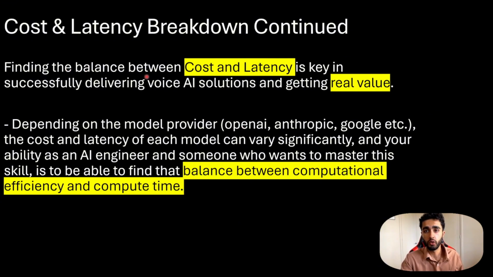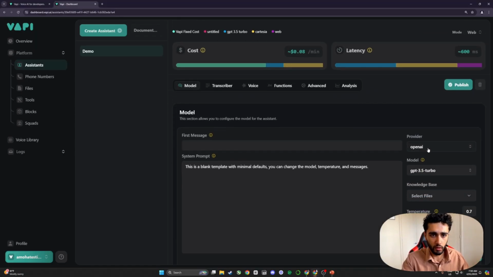Finding the balance between cost and latency is key in successfully delivering these voice AI solutions and getting real value, depending on the model and the model provider. We saw that we were using OpenAI. If I go back here, you can see down here the provider, OpenAI. Vapi has a lot of different providers.